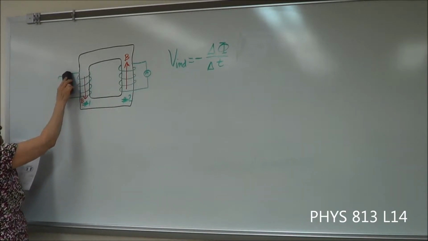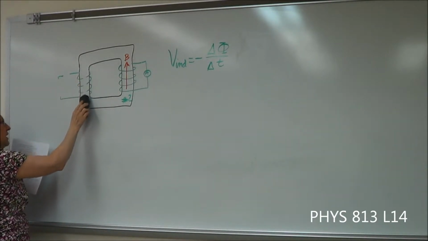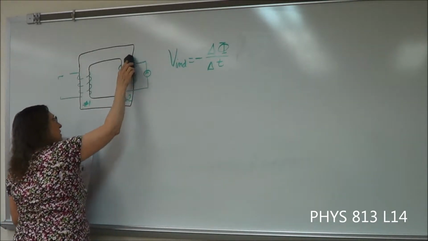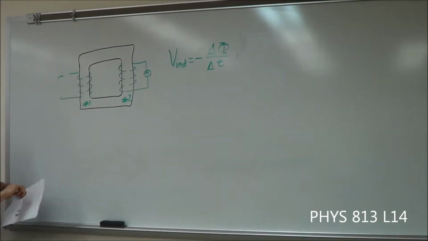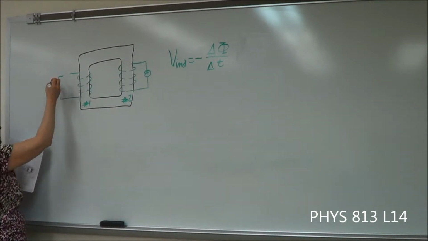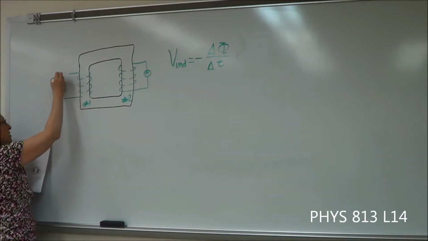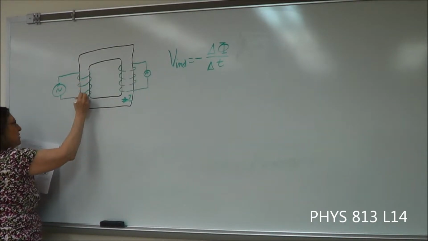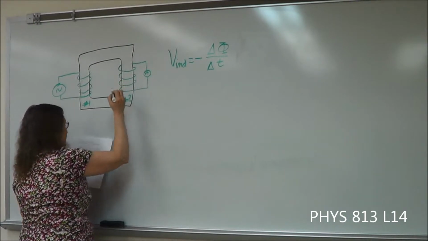So I'm going to erase that, and I'm actually going to erase these magnetic fields here, and then put my picture back together. So over here, I'm going to have an alternating voltage source. So we have those wires put back together and these wires put back together.